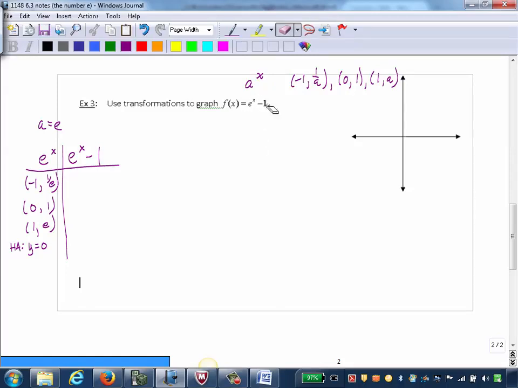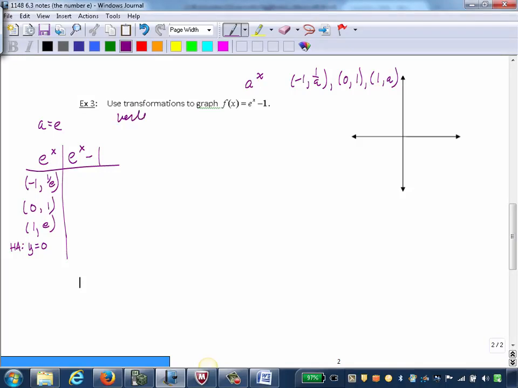With exponential functions, your grouping symbol is actually the exponent. If something changes up in the exponent, that's a horizontal change. This minus 1 is not up in the exponent, so it's not in the grouping symbol, so it's a vertical change, specifically a vertical shift down 1 unit.